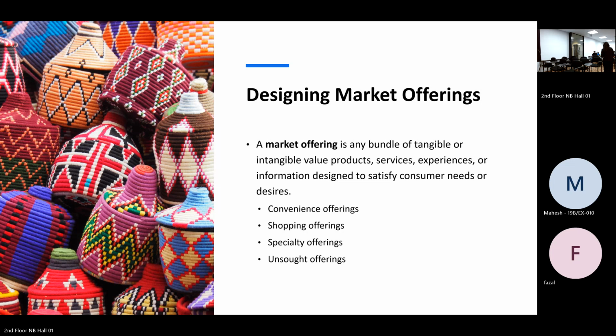Shopping goods, shopping offerings. It's the opposite of that, the prices will be high. And before buying it, we will be doing comparison, right? That means we will be comparing whether this is worth buying. We will be checking features, ingredients, that kind of products we call shopping. Any examples? Yes, yes.